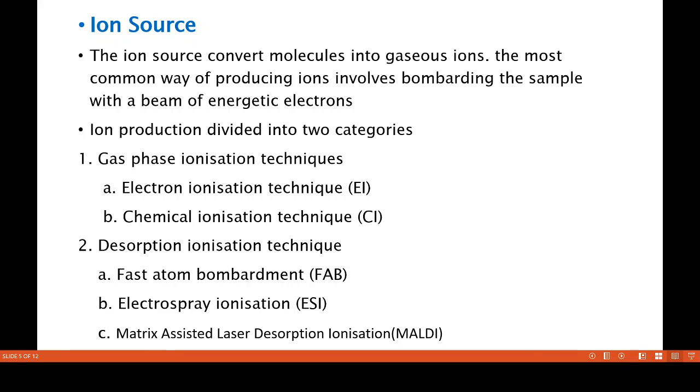So these are the two ion production categories. In our syllabus, the gas phase ionization technique is involved, meaning electron ionization and chemical ionization. So we will discuss these two techniques in today's lecture.